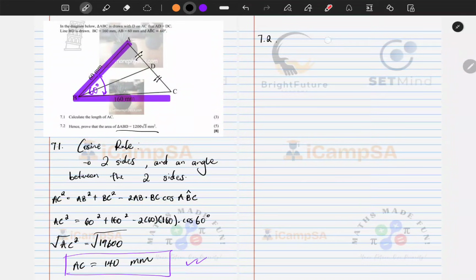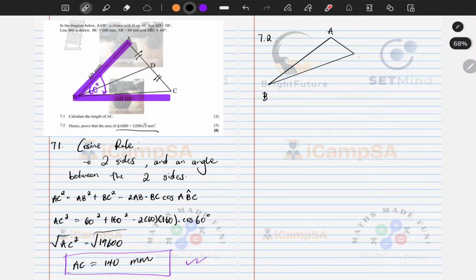So you have B, you have A, and then you have D. This is the angle that we are going to be wanting. We already know that this is 60 millimeter.